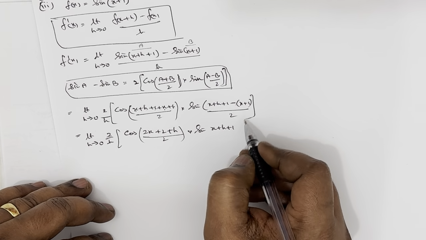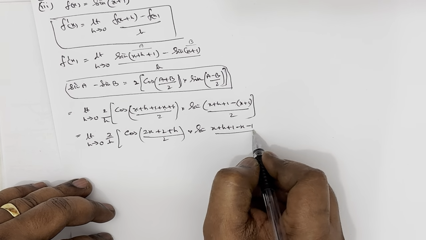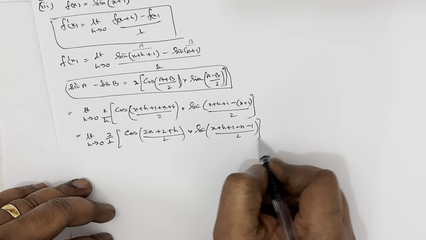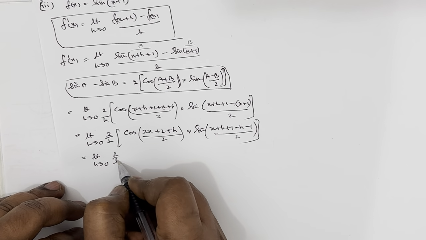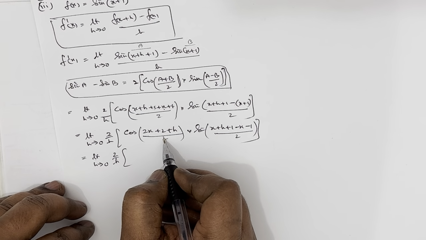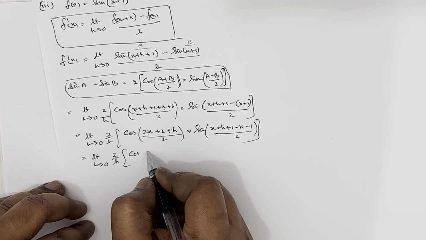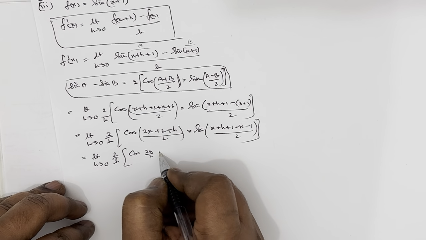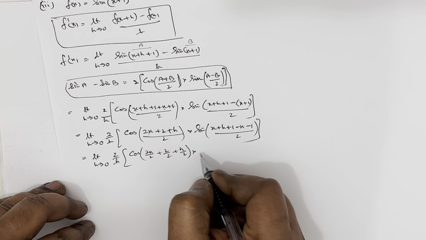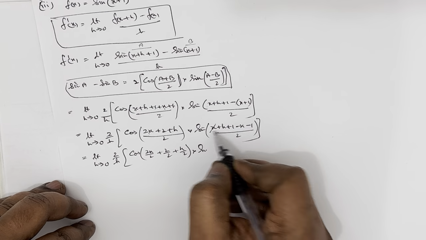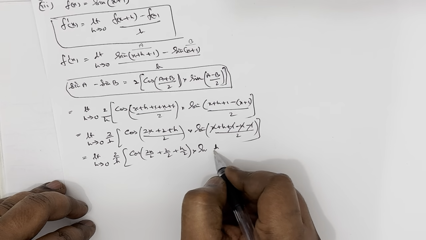Let's open the brackets, so it becomes negative x and negative 1, upon 2. So limit h tends to 0, 2 upon h. When you distribute this 2, you have cos 2x upon 2 plus 2 upon 2 plus h upon 2. Okay, sine, you see positive x and negative x, positive 1 and negative 1 go out, you have h upon 2.